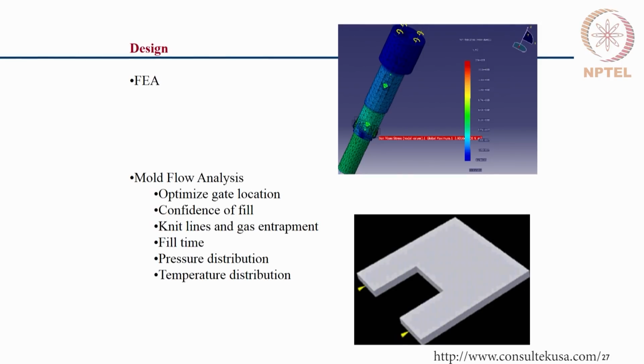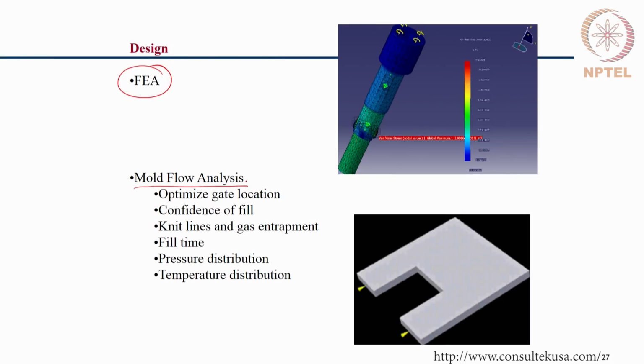Another design tool which helps in proper design of the plastic components is using numerical modeling and simulation using the finite element method. One can also do what we call a mold flow analysis, analyzing how the material flows into the mold, the temperature distribution, the pressure distribution.